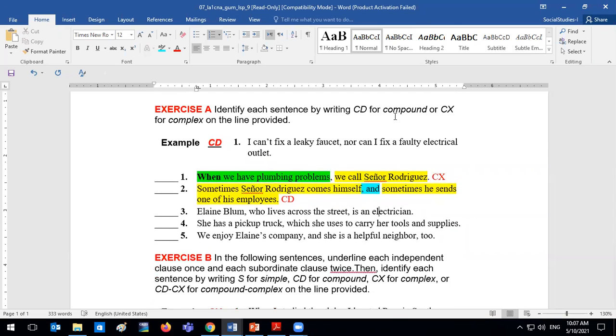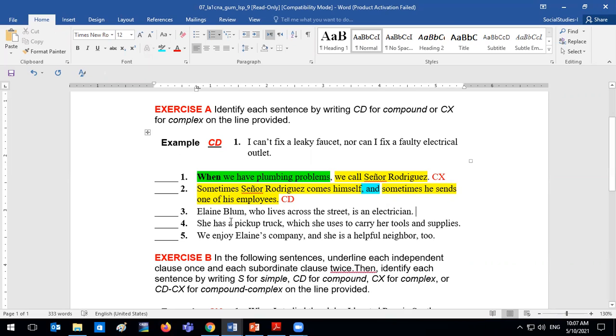Thanks, Ruqayya. Number 3, Rahma. Elaine Blum, who lives across the street, is an electrician. Rahma, are you here?